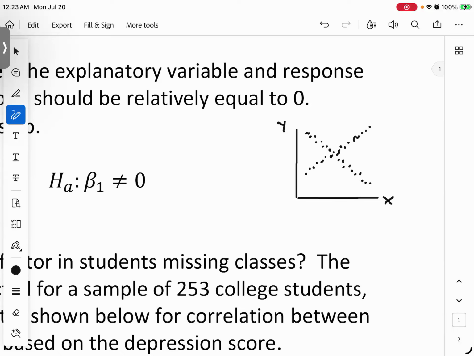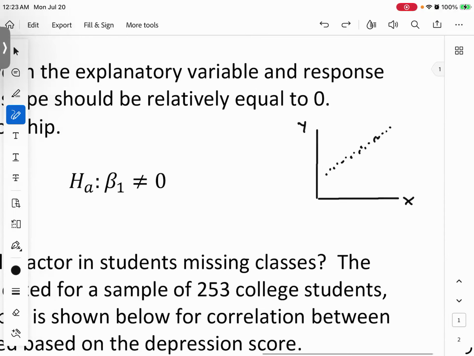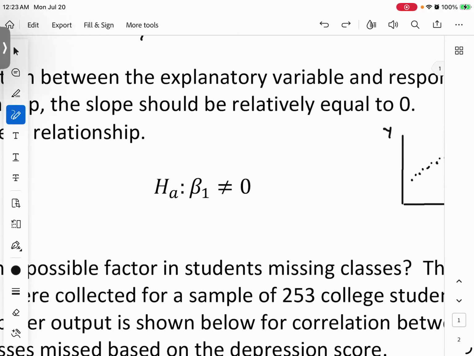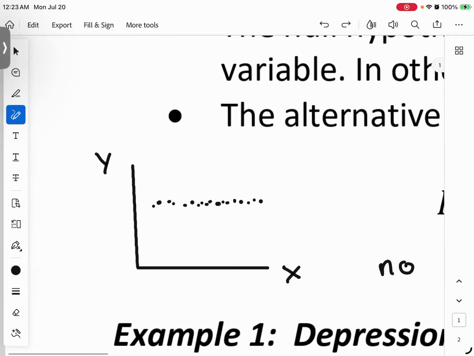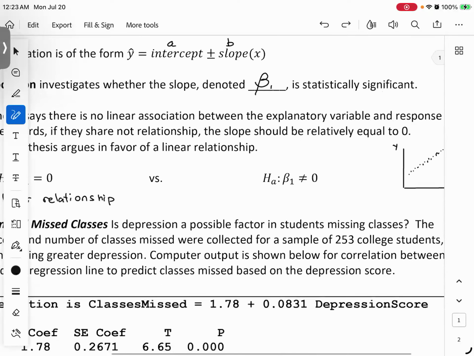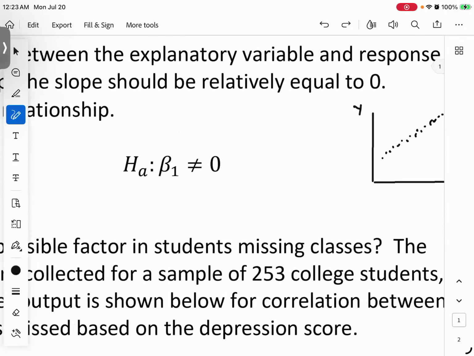The reason I say one of those two things depends on the context. If we did an example about how many hours you study, then hopefully your grade is going to be increasing. But in general, the alternative is arguing that it's not going to stay flat where nothing's changing. Either things are going to be getting better or things are going to be getting worse.